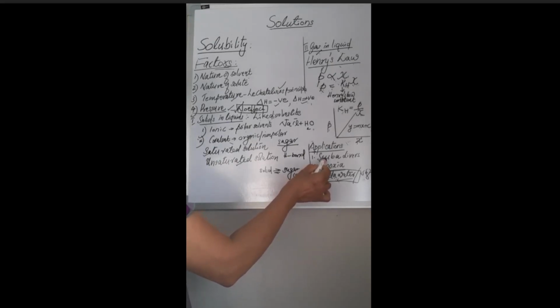Another point is about scuba divers using air diluted with helium for breathing when they go deep into the sea. This is because at high pressure, the solubility of atmospheric gases in blood is high.